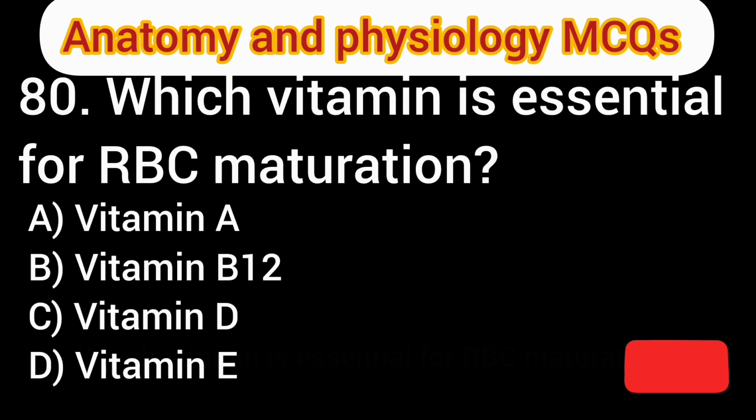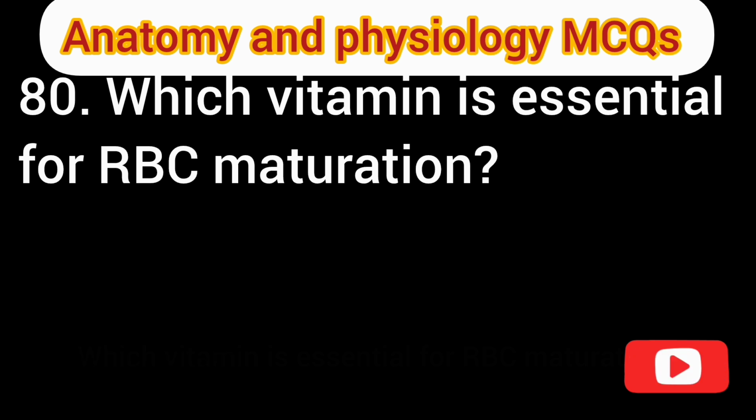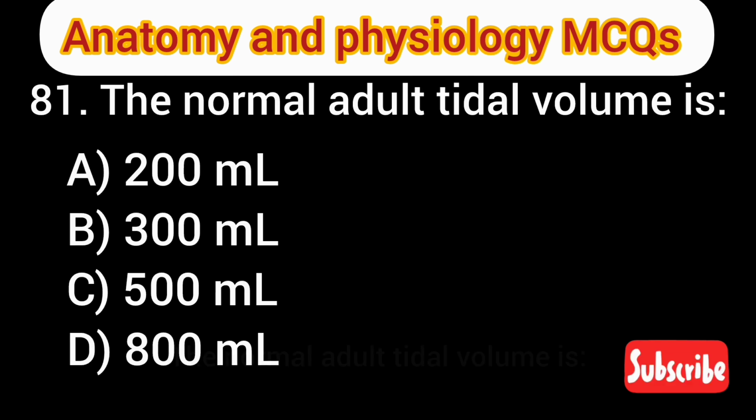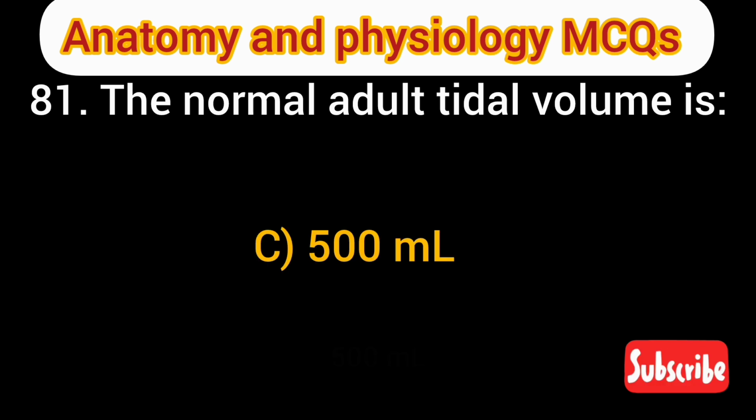Which vitamin is essential for RBC maturation? Vitamin B12. The normal adult tidal volume is 500 ml.